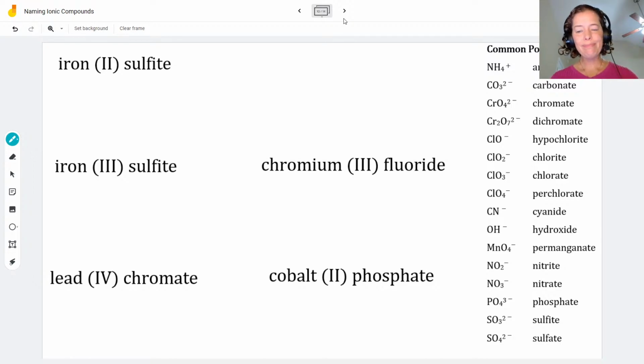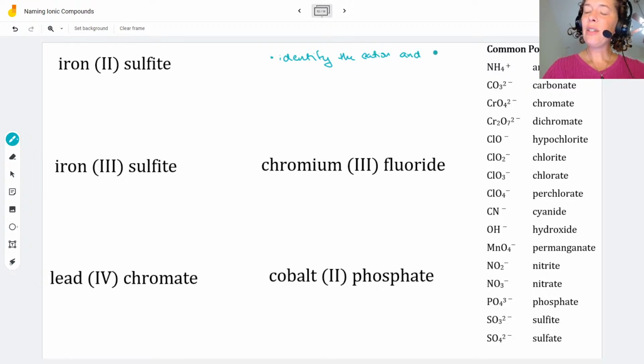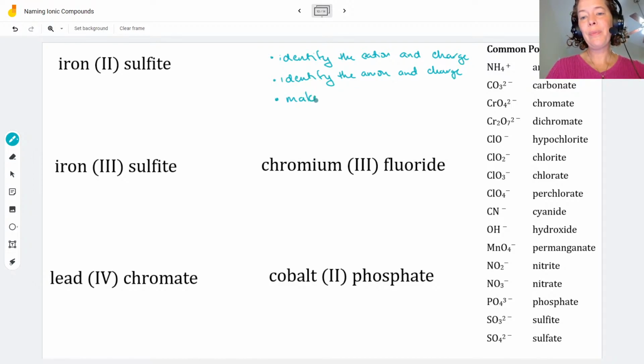Just like before, I'll write this down, we need to identify the cation and its charge, and then we're going to identify the anion and its charge, and then we need to make a neutral compound.